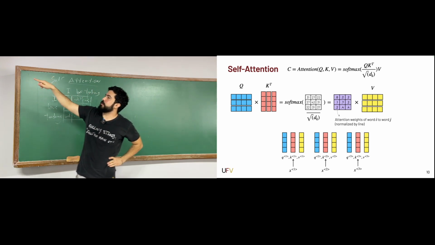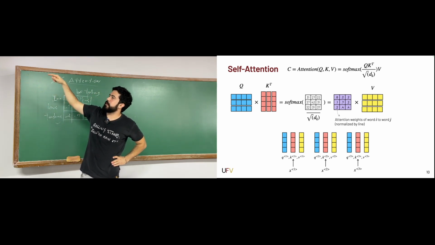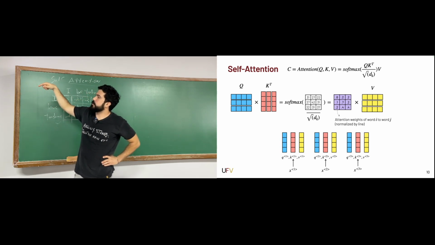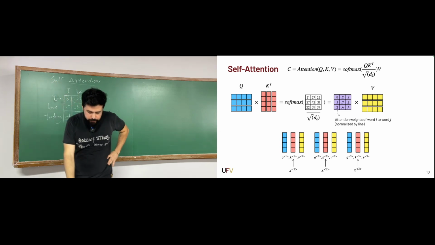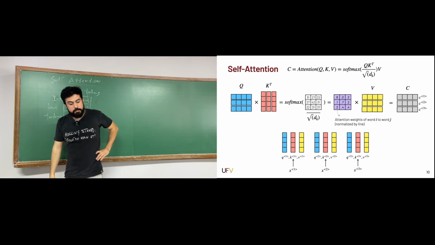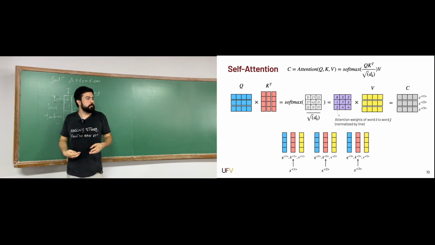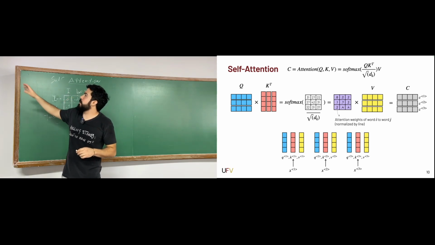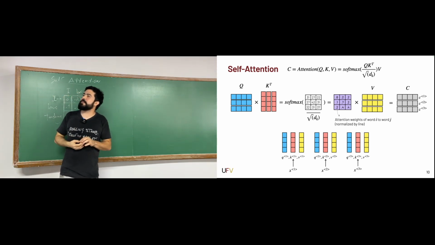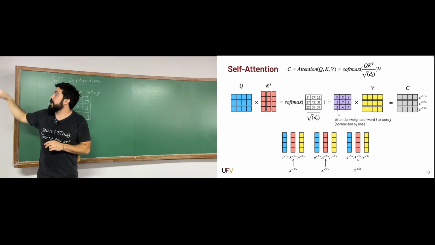But now you have a 3 by 3 matrix, then you multiply by a 3 by 4. So the result is a 3 by 4 matrix that brings us back to the original dimensionality. Okay? So look how C has the same dimensions as Q, K, and V.